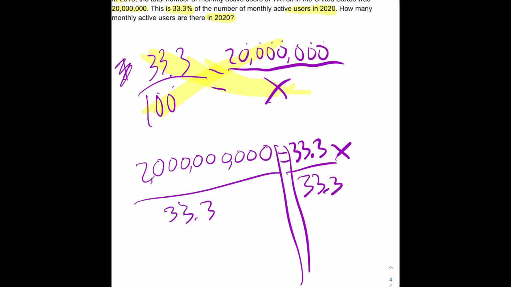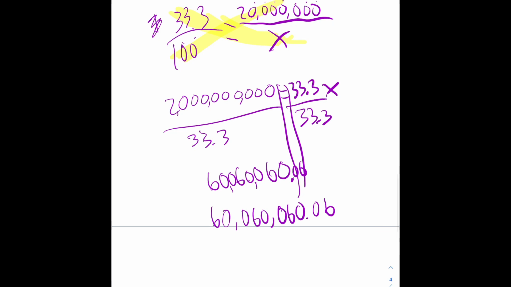Divided by 33.3, and I get 60,060,060.06. So let's see here, we'll rewrite it. 60,060,060 and 0.06. We'll round that up to be an extra one.